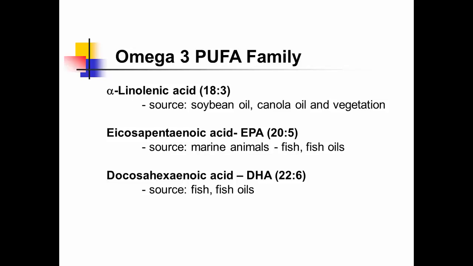Alpha-linolenic acid can also be obtained from the diet, for example, soybean oil, canola oil, and vegetables. And the most abundant sources of EPA and DHA are marine animals like fish oil, right?